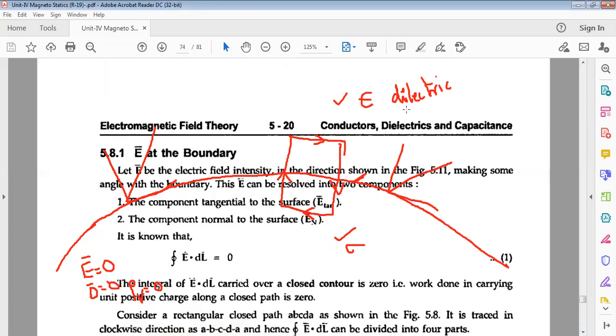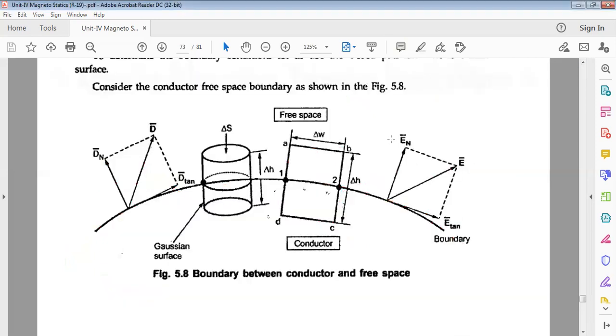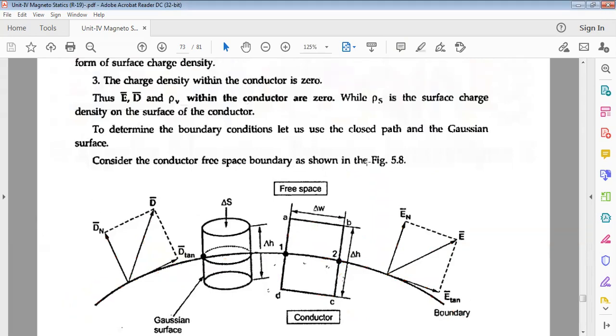And E bar at the boundary. Let E bar be the electric field intensity in the direction shown in the figure 5.11.